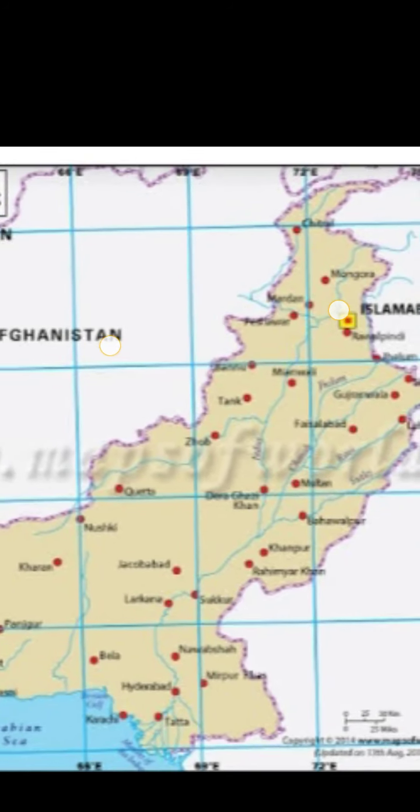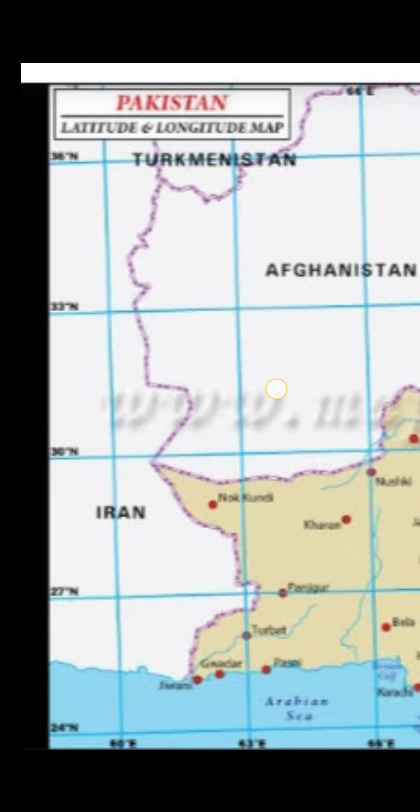Then from here, in the north, it goes from 38 to 24 north. This is the importance of the grid for a map.